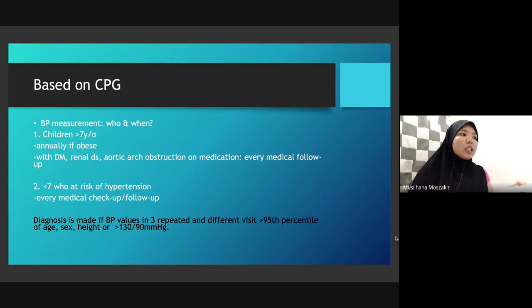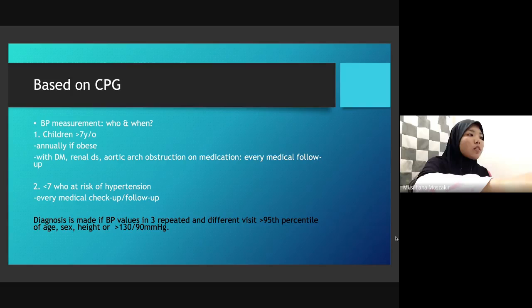So the diagnosis of high blood pressure, hypertension, is made if the BP values on 3 repeated visits on different days are more than the 95th percentile for age, sex, and height, or more than 130 over 90 millimeters of mercury.